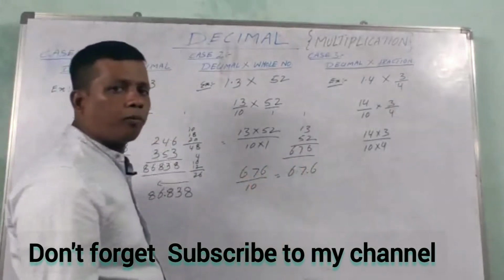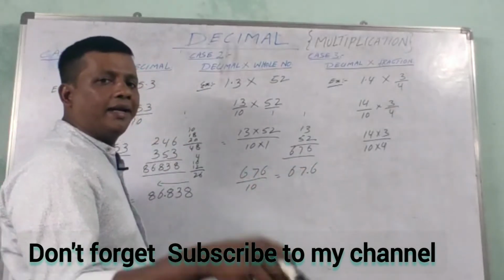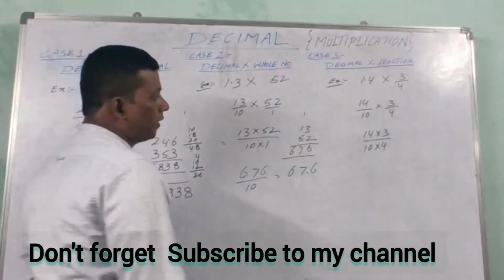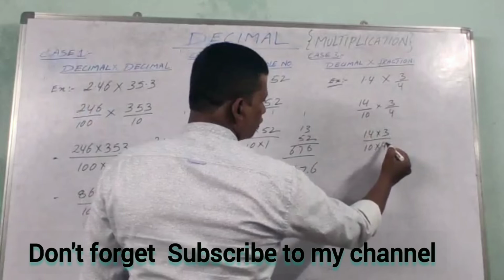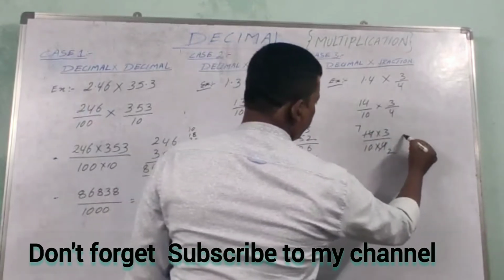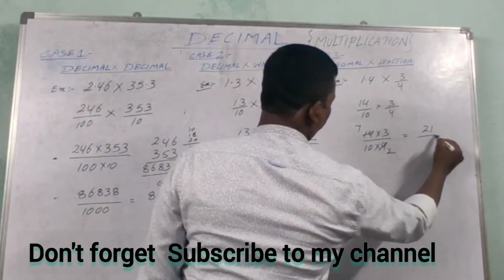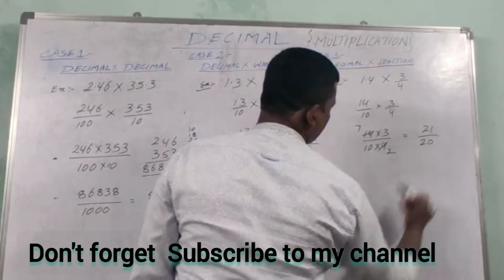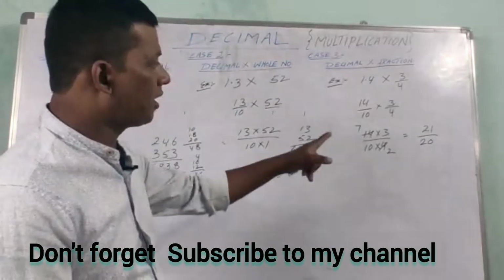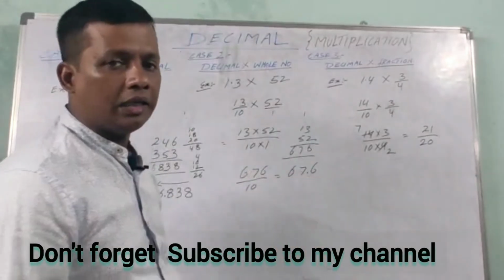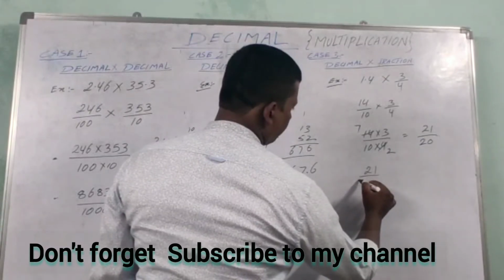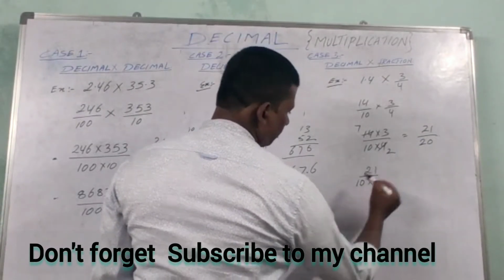If cancellation is not possible, multiply numerator and denominator separately. Here cancellation is possible: 2 2s, 2 7s. Now 3 into 7 is 21 by 10 into 2. Not possible to cancel further, so I am leaving the answer here. So this is our answer, 21 divided by 10 into 2.